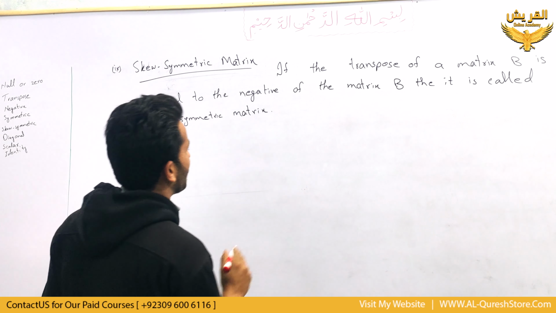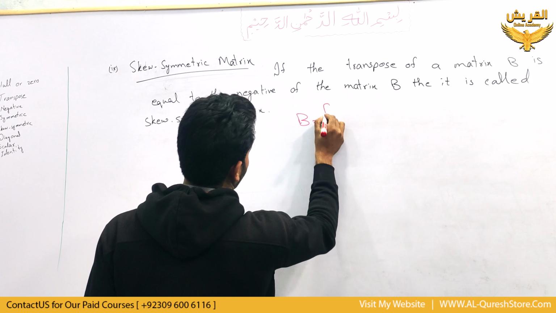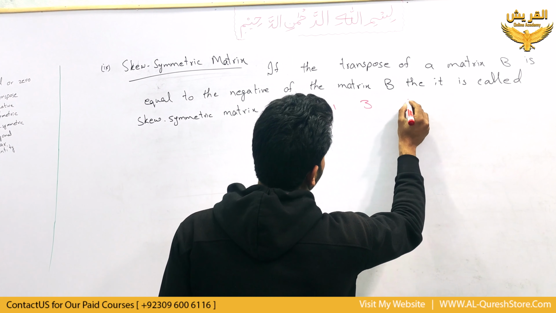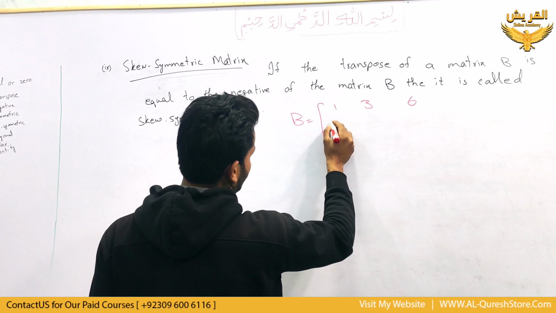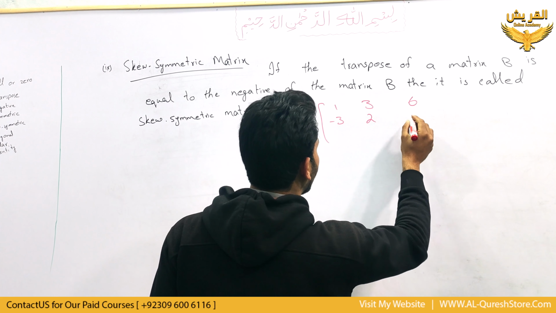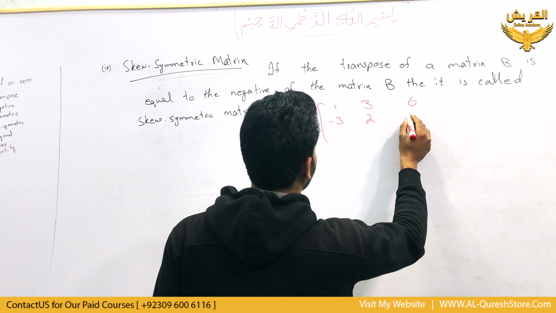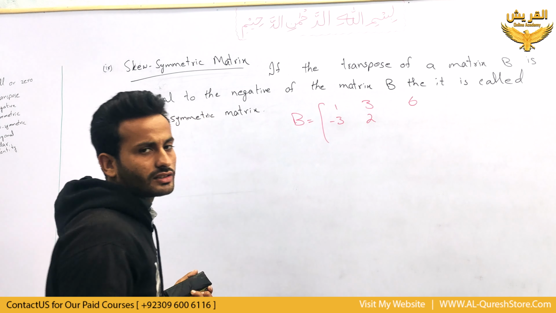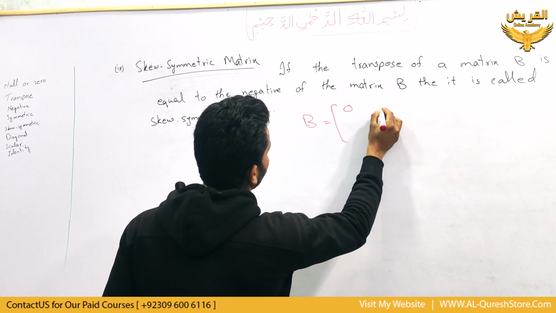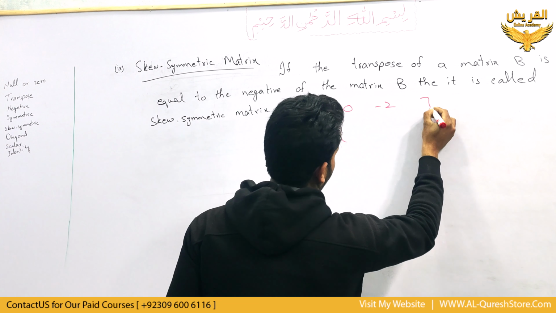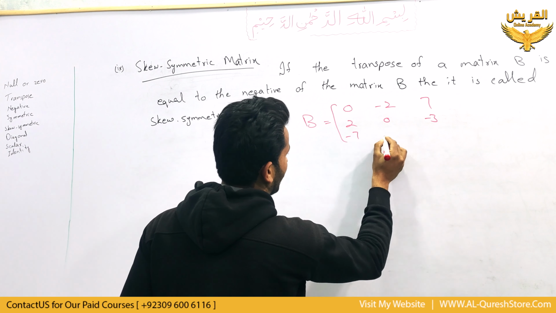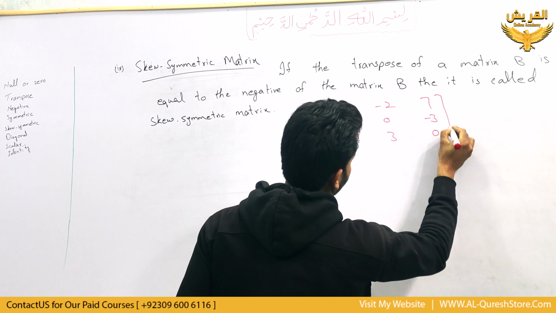For example, B is equal to 0, minus 2, 7, 2, 0, minus 3, minus 7, 3 and 0.